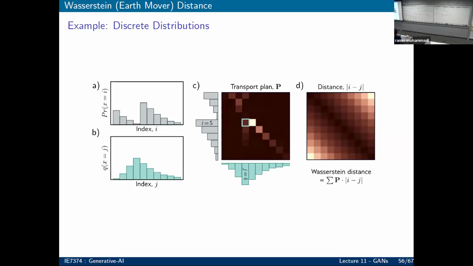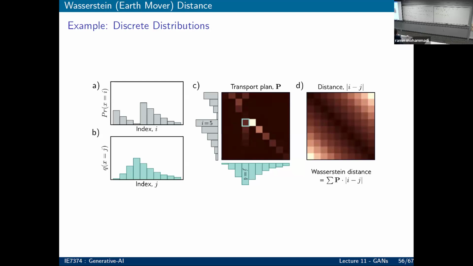If you look at this point I equal 5, this whole row tells you that if you move I 5 to Q, how do you distribute it? How much goes in this block, how much goes in this block, and so on?